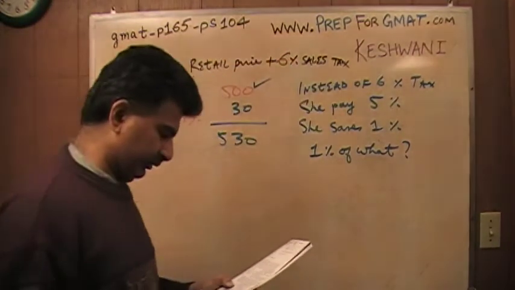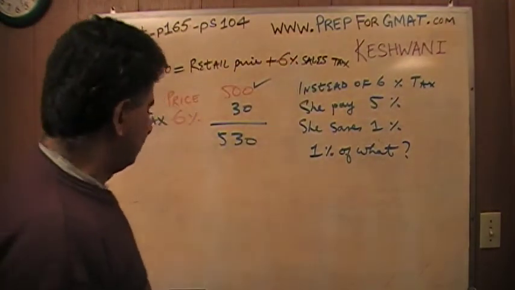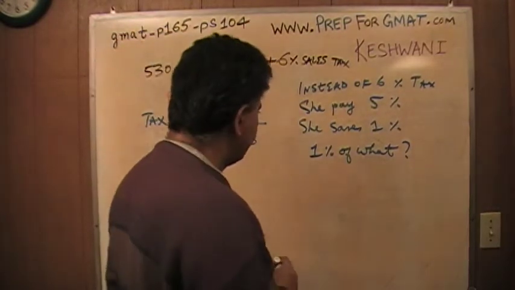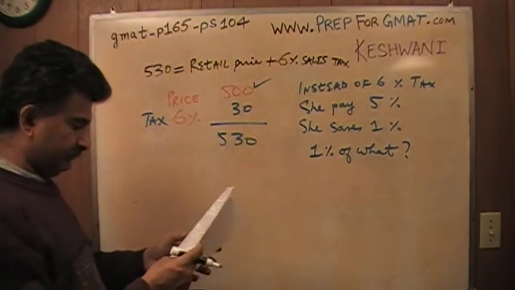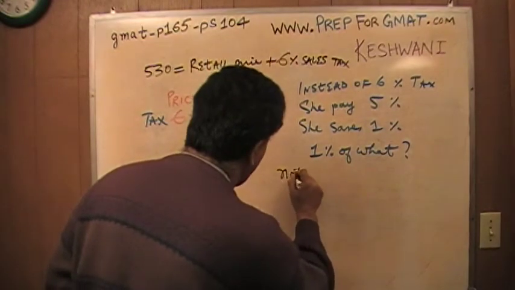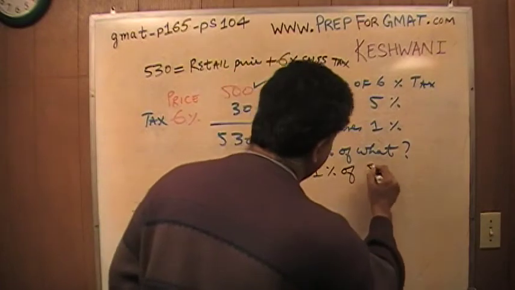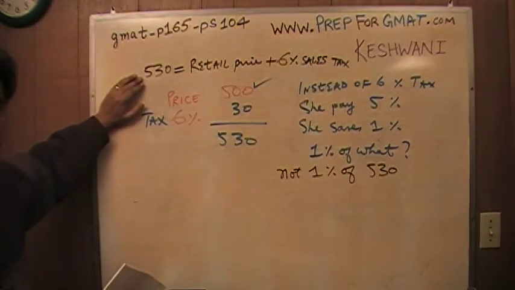She does not save 1% of this amount, 530. No. That's the trap answer. That was the total price. She saves 1% of the retail price.